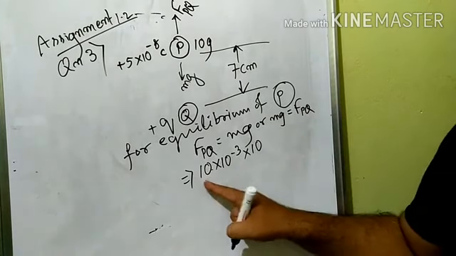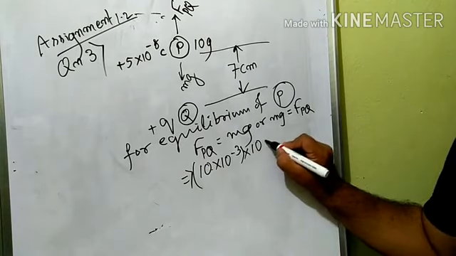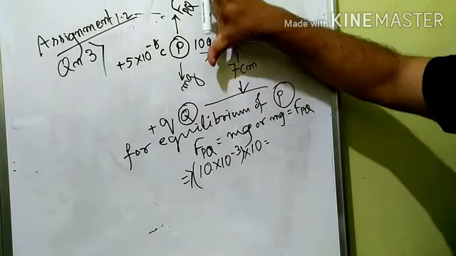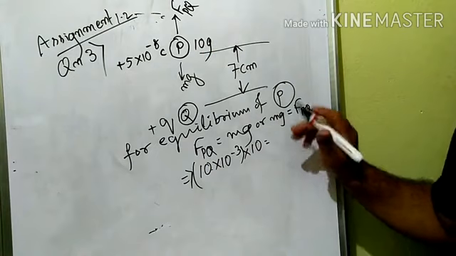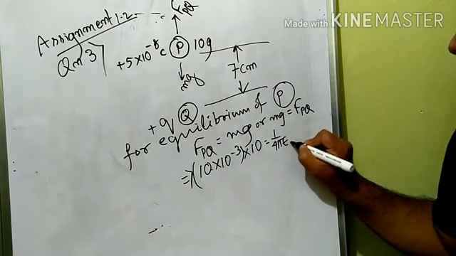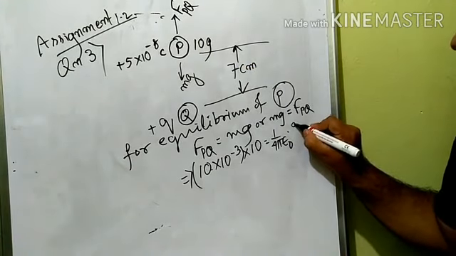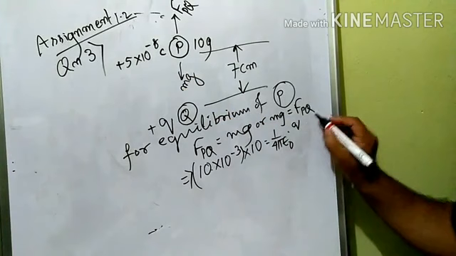So mg, I wrote m. This much is m to g is equal to, what is the repulsive force? That's a Coulomb's force of repulsion we have calculated already, that is 1 by 4 pi epsilon naught q1 q2. So q multiplied by this charge is given already.